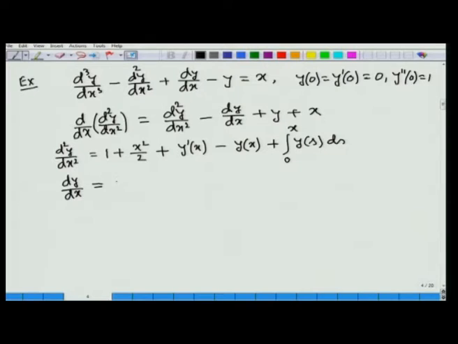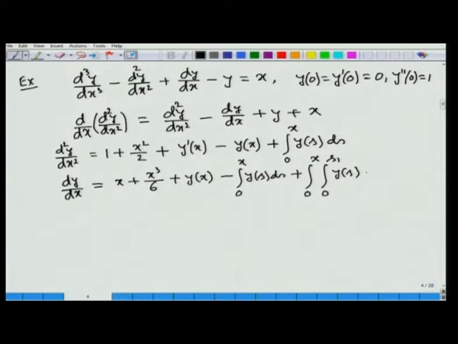So, this is equal to x plus x cube by 6 plus integral of y dot x, that is equal to y x minus 0 minus integral 0 to x y s ds, and this will be changed to 0 to x 0 to s1 y s ds ds1.